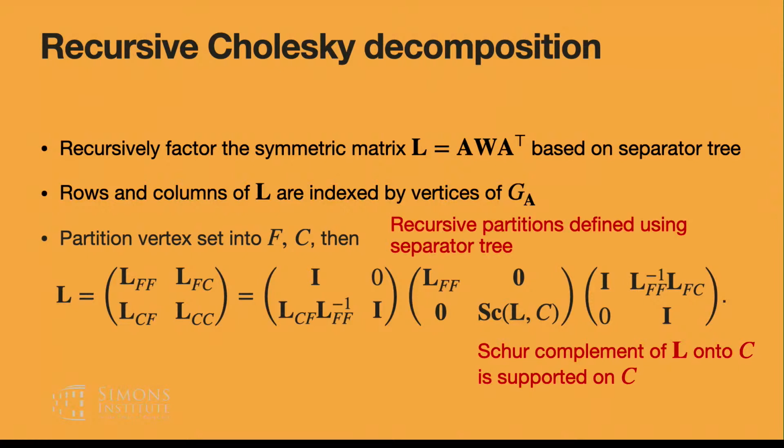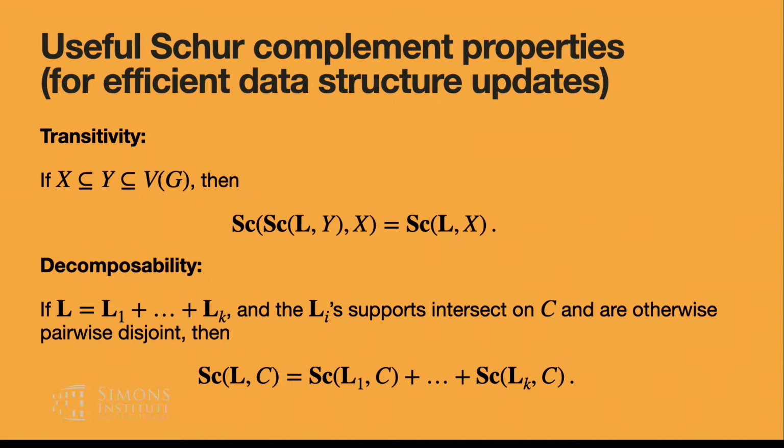How do we partition the vertex sets into F and C? All the partitions are determined using the way we've partitioned the vertices on the separator tree. It just happens that Schur complements have very good properties, especially for this case. There's transitivity and decomposability, which work really well on this recursive tree.